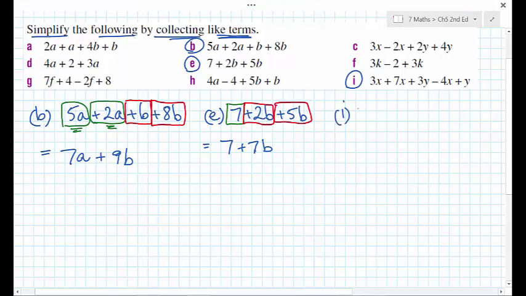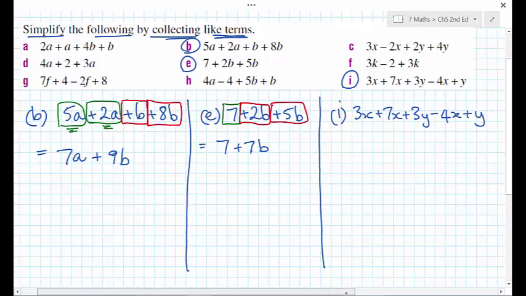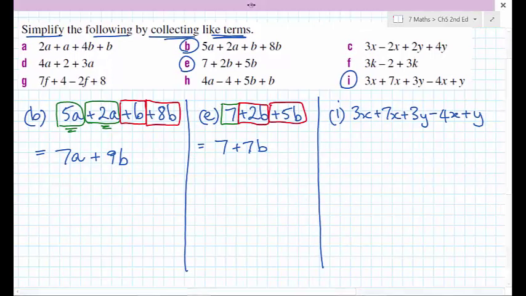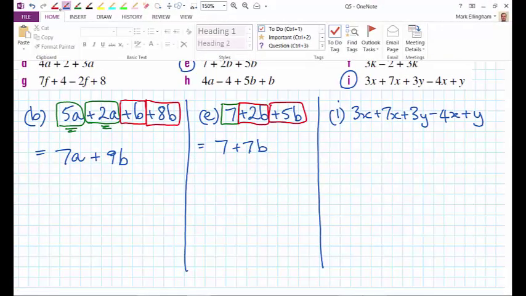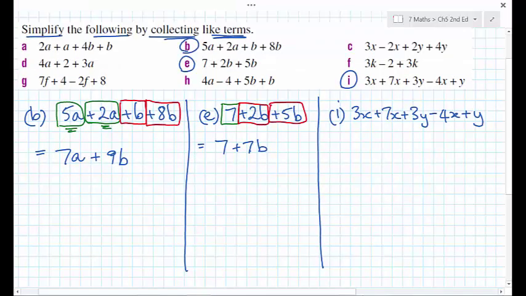I is 3x plus 7x plus 3y take 4x plus y. What I need to do is have a quick look for like terms. In terms of my like terms, let's look at all my x's.